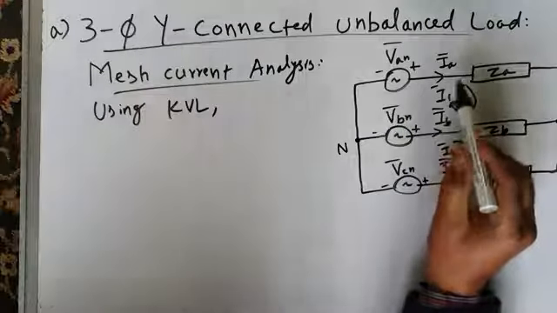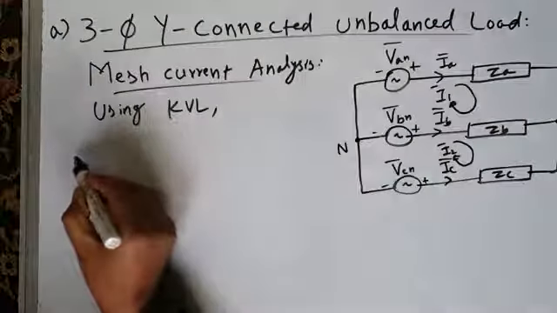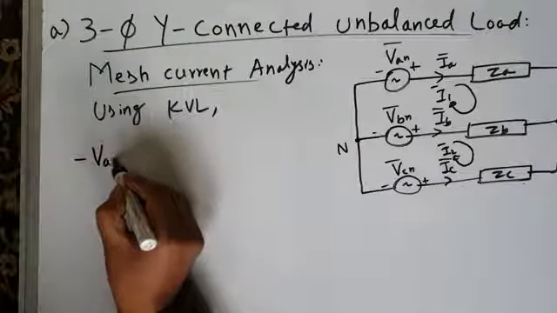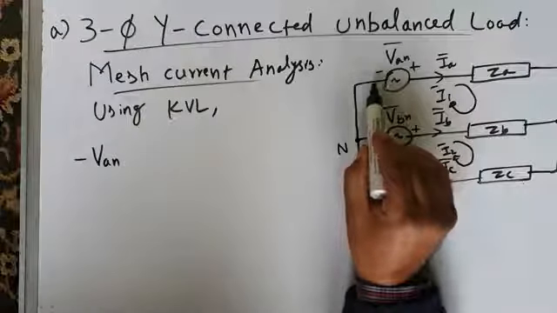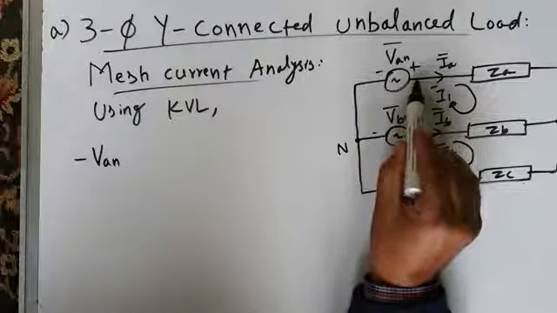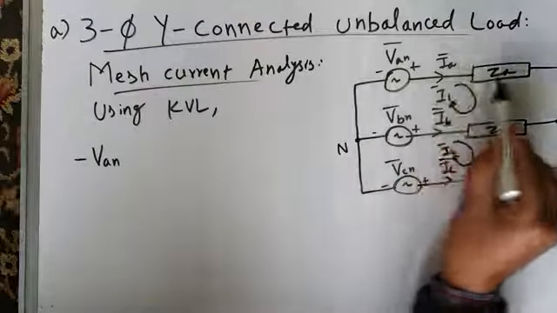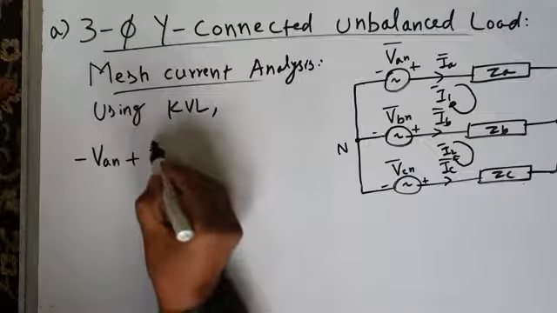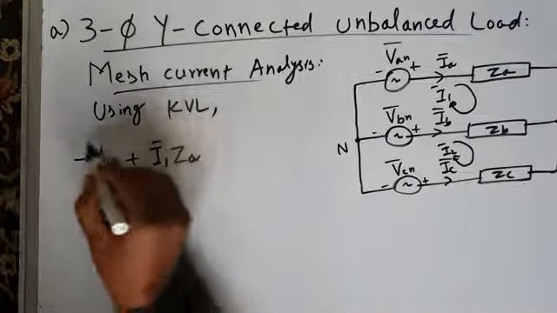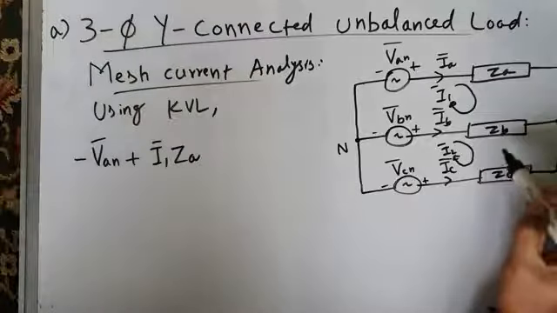Let us apply KVL in this mesh. We will start from here. Minus VAN, because we are going from negative to positive, and by convention when you move from negative to positive terminal the voltage is to be taken as negative. So minus VAN plus this drop, I1 ZA, then plus drop across this impedance ZB.